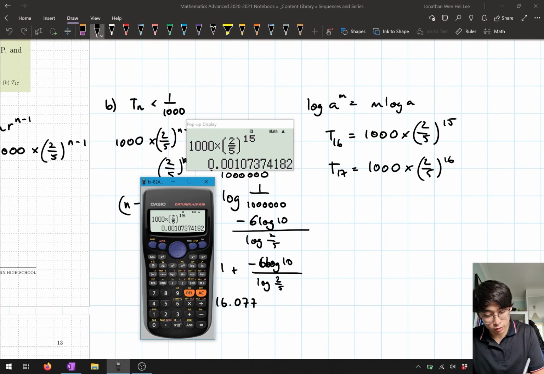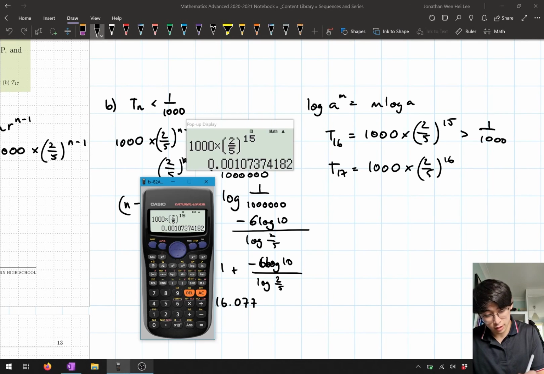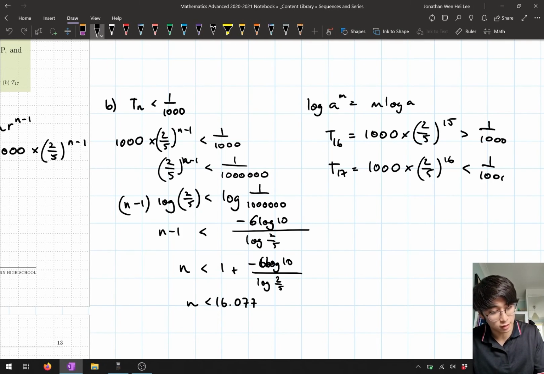If you have a look, that's just a little bit above 1 over 1000, because 1 over 1000 is 0.001. So this is greater than 1 over 1000. And if we have a look at this one, 16, we get a number which is less than 1 over 1000. So therefore, T17 is our first term which is less than 1 over 1000.